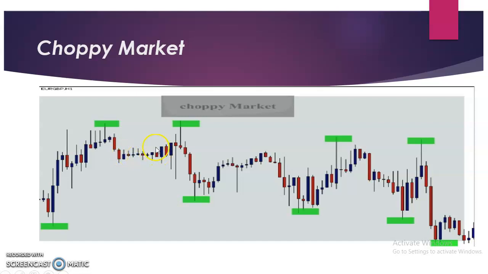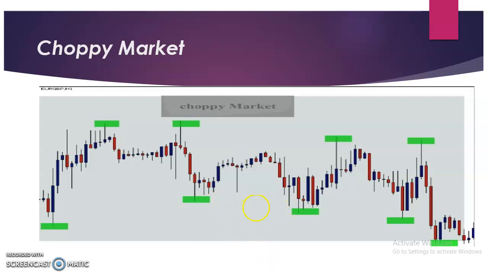It was ranging, sideways all across this place, and again shot up to the upside, got rejected again, and came down, and everything was just haphazard. You can't really say this thing is forming higher highs or higher lows. Look at this.